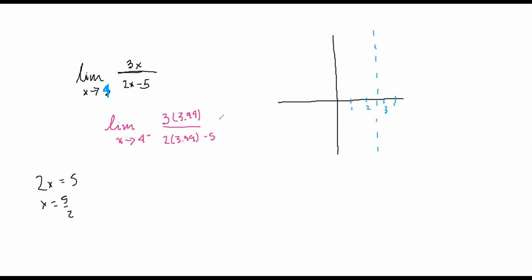So this is approximately 12 divided by approximately 8 minus 5, 3. So it's approximately 4. So this is just under 4, and this is also just under 3. So if, here, let's also do this.